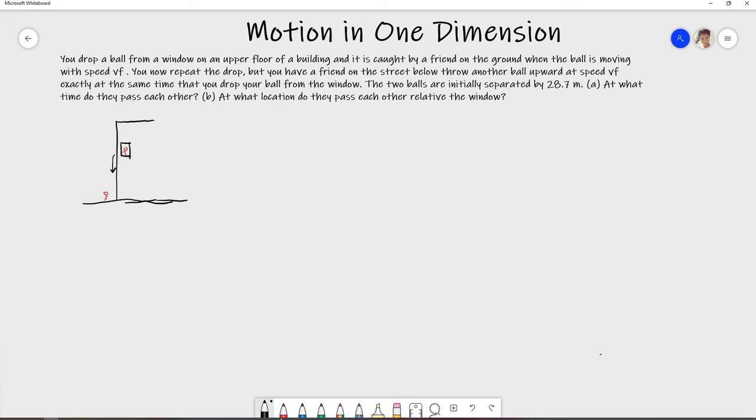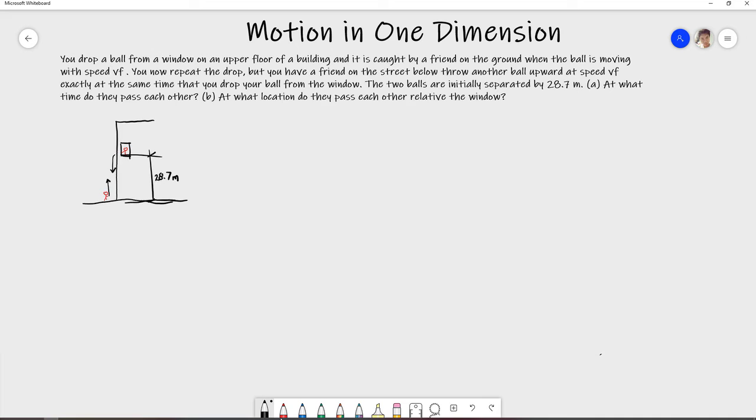Then the motion of the second stone is going upward. And the height where that man threw the stone is given by 28.7 meters.